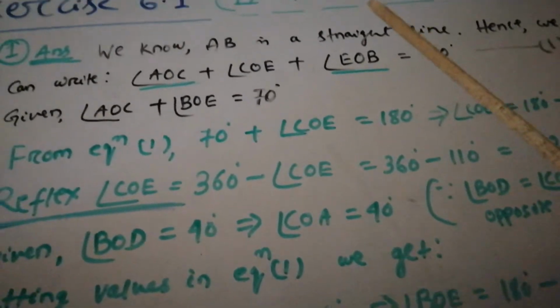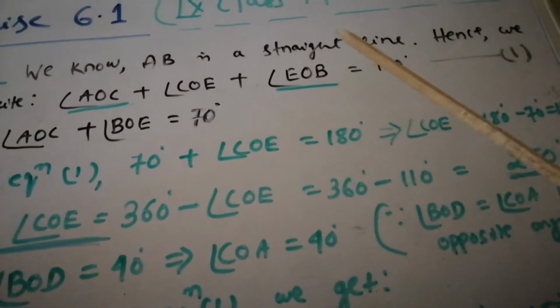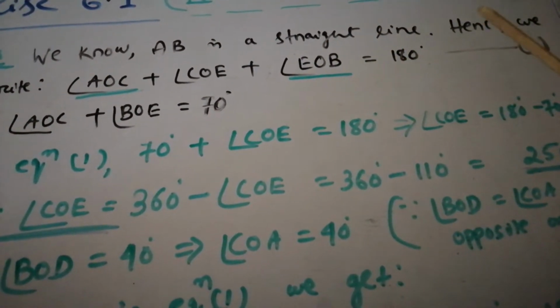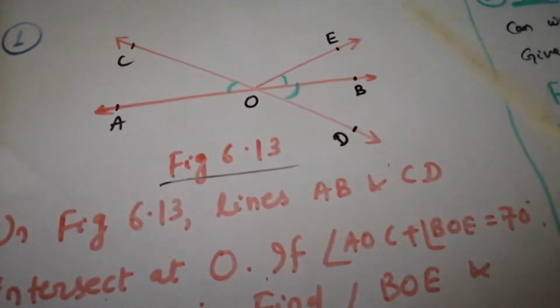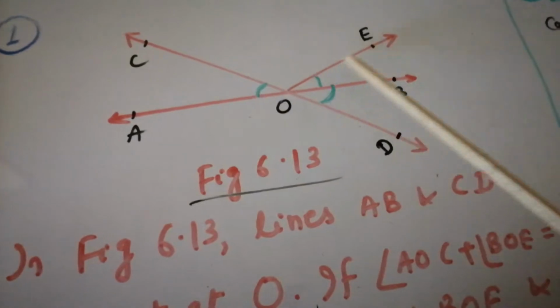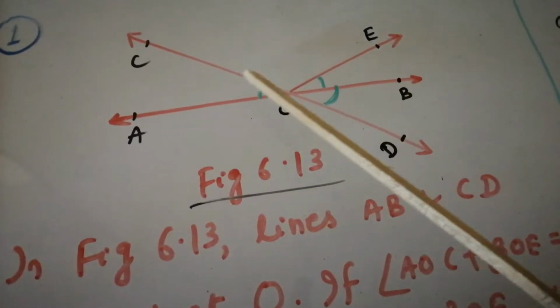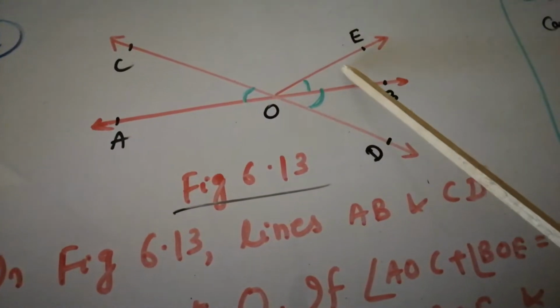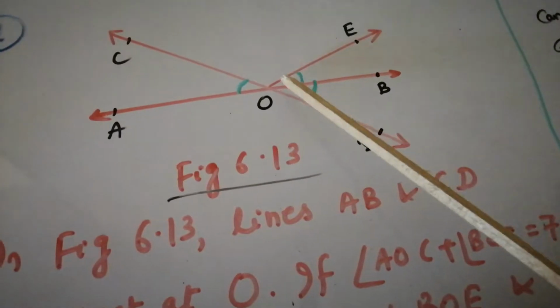We know, friends, students, AB is a straight line. As AB is a straight line, we can say that all the angles upon this straight line will sum up to 180 degree.